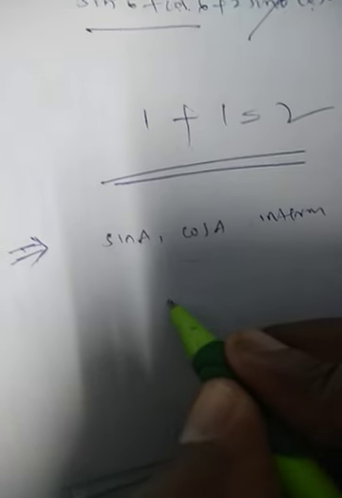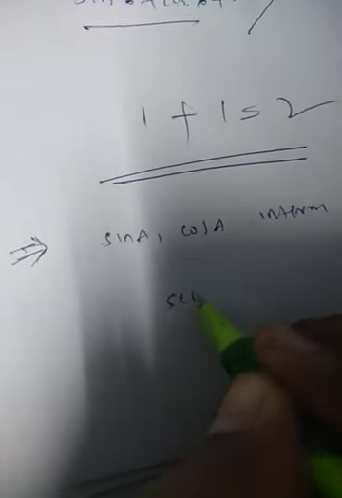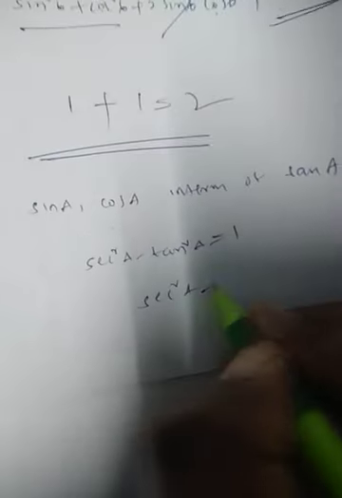Why I am taking cos A? First, what is the relation? Sec square A minus tan square A is equal to 1. Sec square A is equal to 1 plus tan square A. So let us take A as an acute angle.